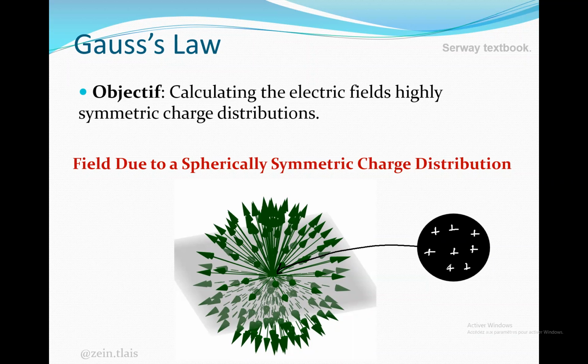So the emitted electric field must be symmetrically distributed, as you see here. So here we have the field E outside the object. In this case, we can use Gauss's law to calculate the value of this field. Okay.